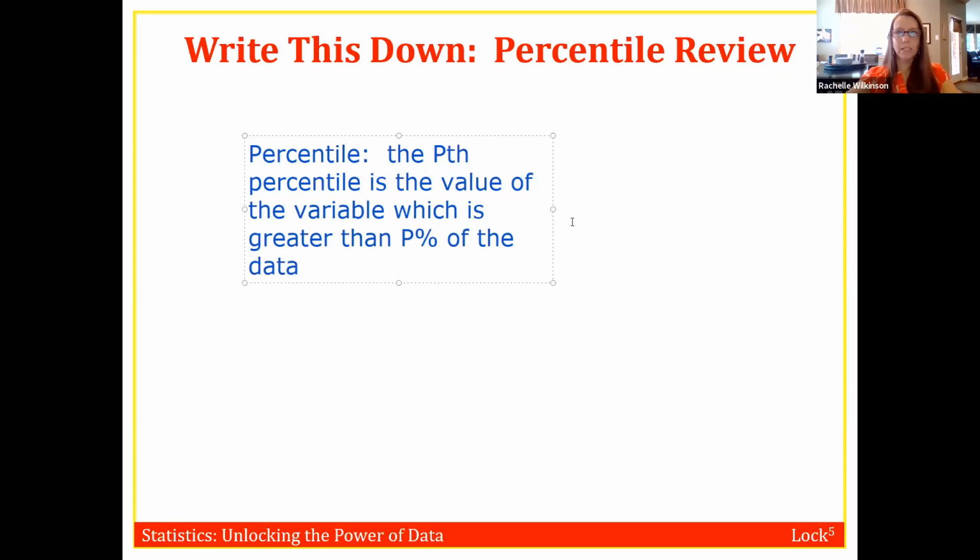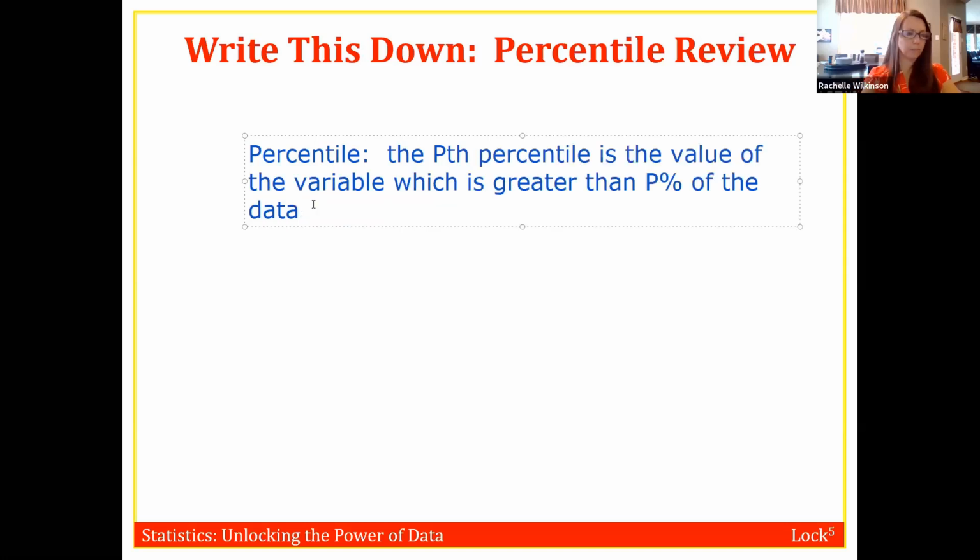So the pth percentile is the value of the variable which is greater than p% of the data. Or another way to look at the percentile is that p% of the data are below that value.